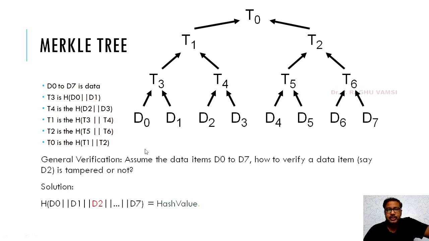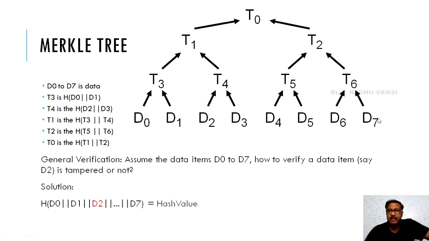In general, we'll take the hash of D0 plus D1 plus D2 plus D3 plus D4 plus D5 plus D6 plus D7. That means we will add all these data items, then we'll perform hash on that. Then whatever resultant we get will be given to the verifier.